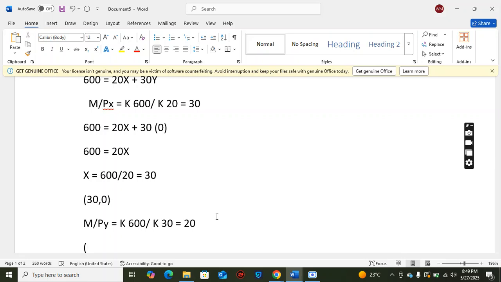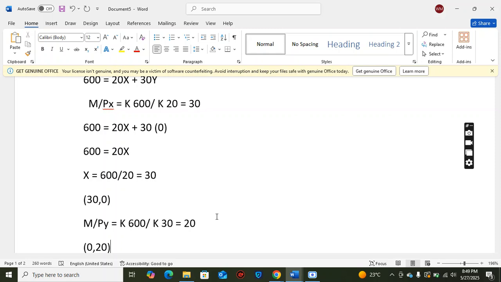So here, 0, 20. These two points that are found here are called your intercepts. Sometimes they might ask you, find the intercept of your budget constraint line. They won't tell you find how many goods they can buy if they're just buying good X, or good Y. They'll ask you to find the intercept.